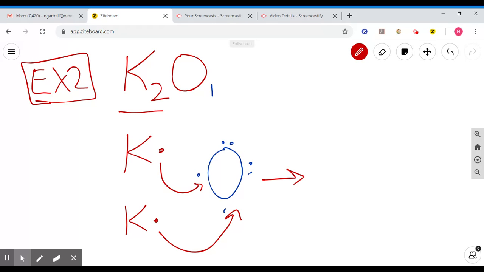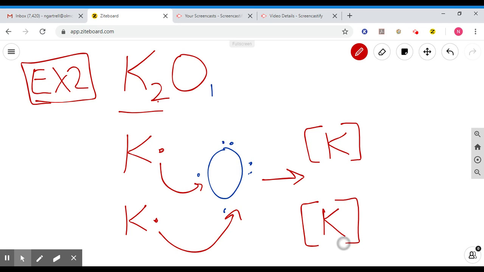How many potassiums should I draw? I should draw 2 because I have 2 on the other side, and the subscript is 2. My ions go in brackets. And they each have a charge of 1 plus because they each lost 1. How many oxygens am I going to draw? 1. I'm going to put 8 dots.